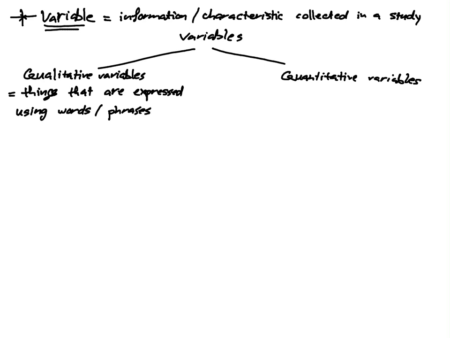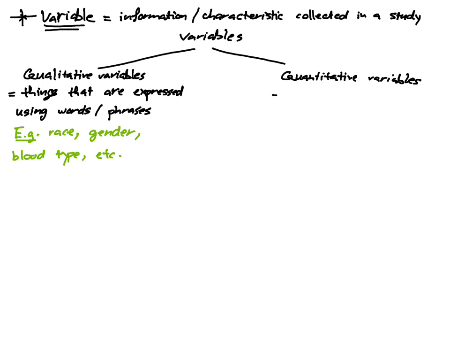So, for example, you can think of variables like race, gender, blood type, and so on and so forth.